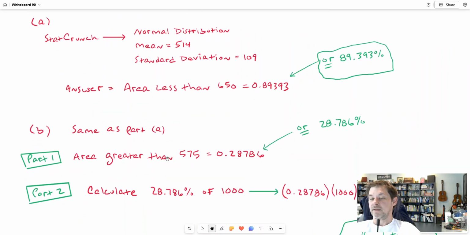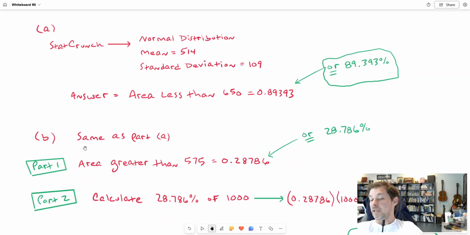Part B, it's saying, how many students do you think would score greater than 575? See the difference there? If I say 89% of students are going to score less than 650, that doesn't tell me how many actually made that score. It just tells me the percentage. So in part B, I want to know how many students, okay? But we can answer it the same as part A.